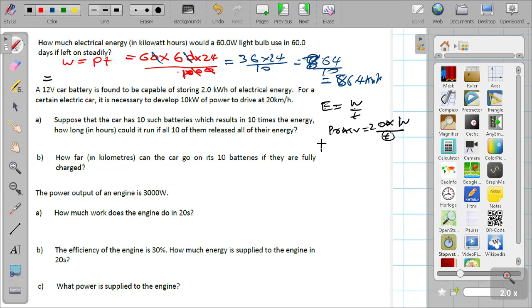When you have such 10 batteries, 100 kilowatt is equal to the same speed multiplied by time. It is going to be the same amount of wattage consumed multiplied by a certain time t dash. So t dash is equal to 10 times t.